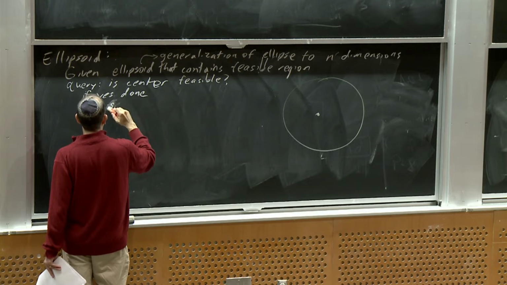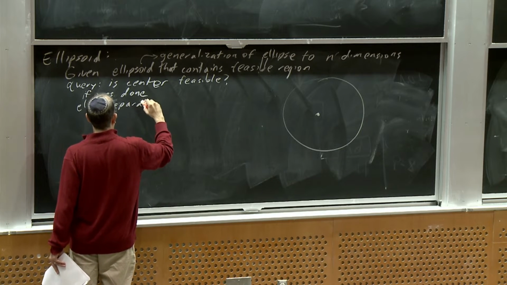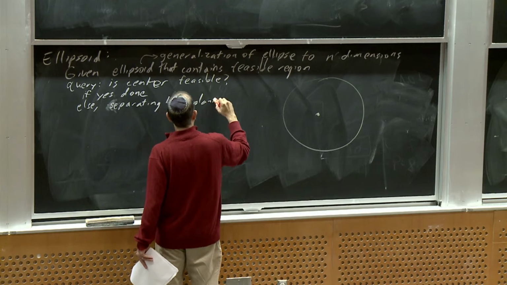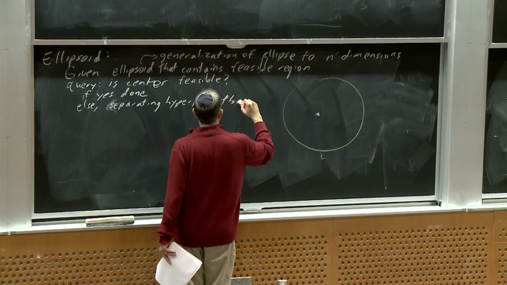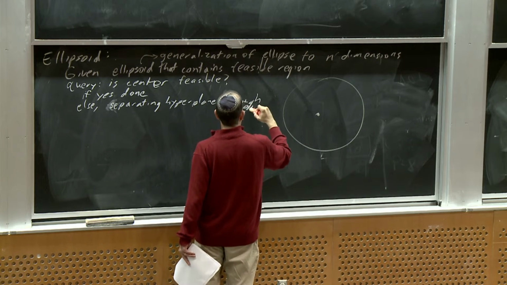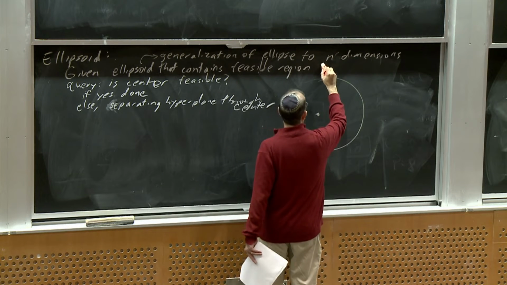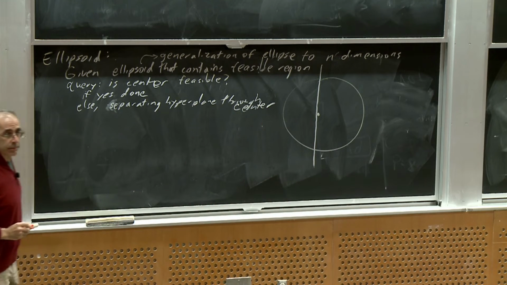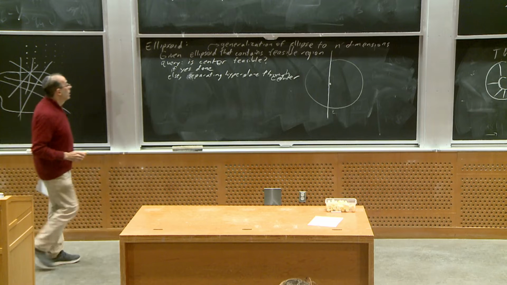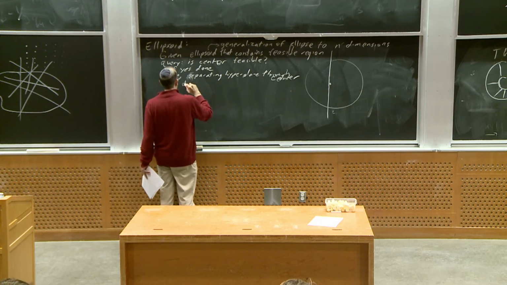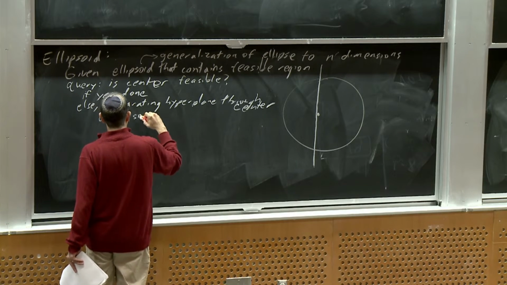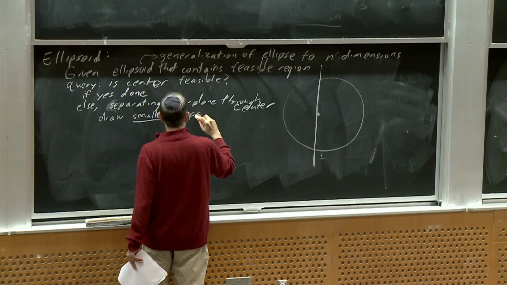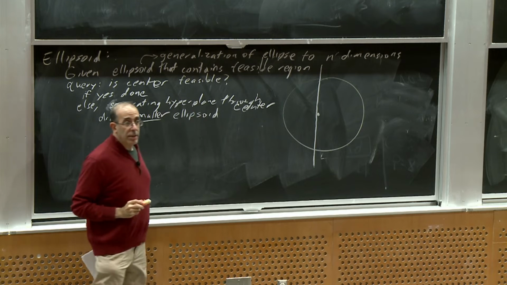You're given a separating hyperplane that goes through the center. So here's my separating hyperplane through the center. And we then draw a smaller ellipsoid that still contains the feasible region.